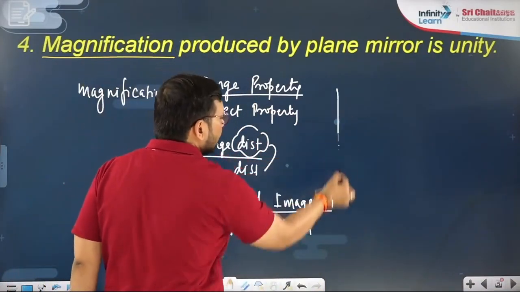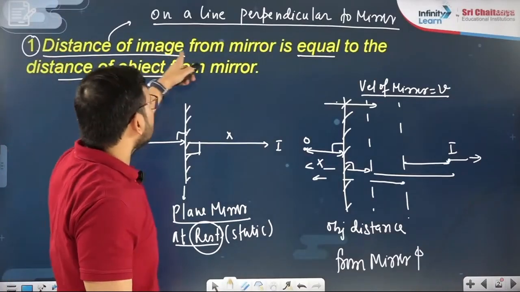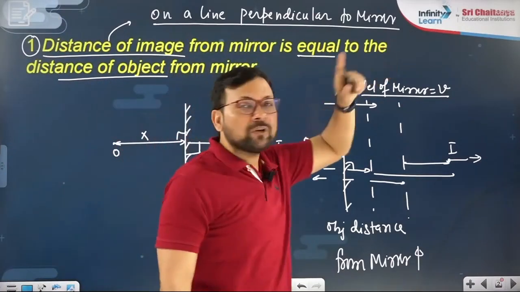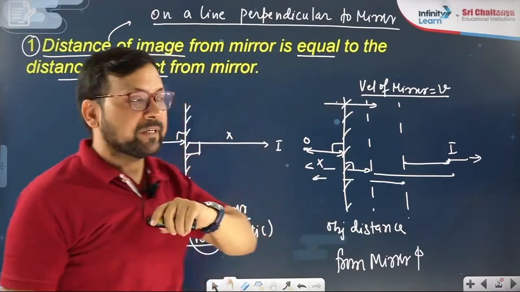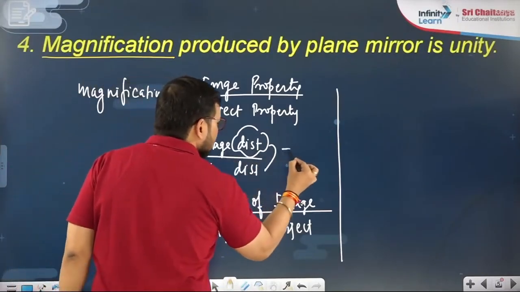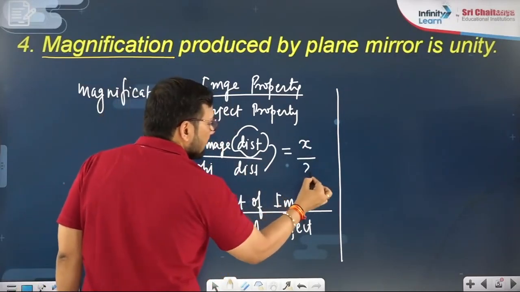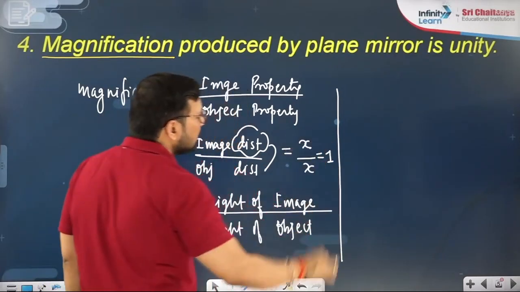But earlier I have told you, if someone has joined late, please have a look. The first point: the distance of the image from the mirror is equal to the distance of the object from the mirror. So when both distances are the same, suppose I am taking the image distance as x, the object distance also has to be the same, x. So what magnification is coming? 1.